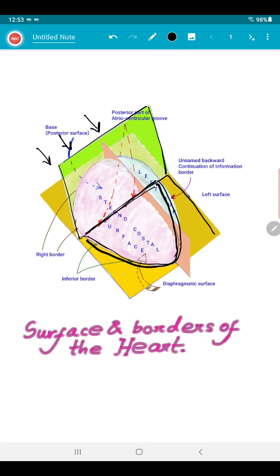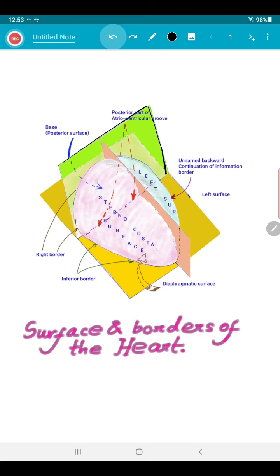You can assume this yellow plane as the diaphragm. So the base of the heart you can see from the posterior aspect, if you look towards the heart, not from the anterior aspect.